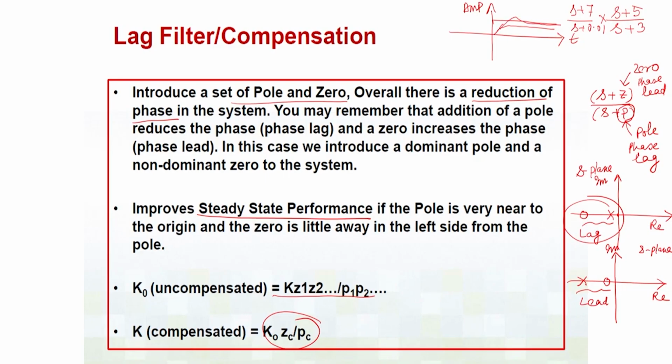So that is what is called the steady state performance: the command will be able to follow if you can create a lag system. So whenever we want a system to suddenly shift from value A to value B, or position A to position B, we use the lag filter.